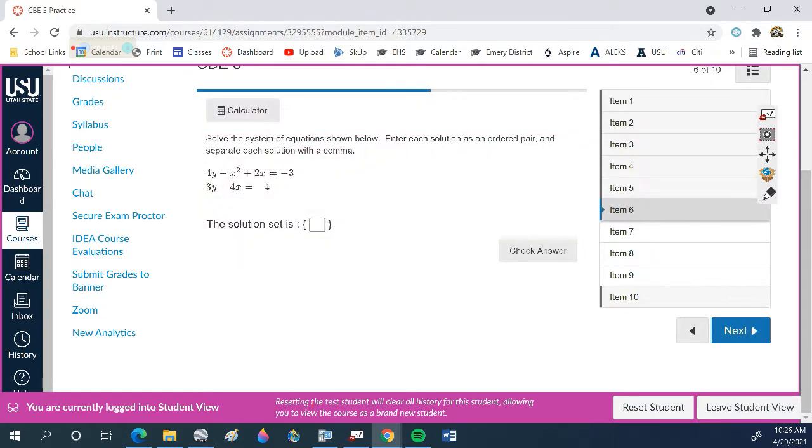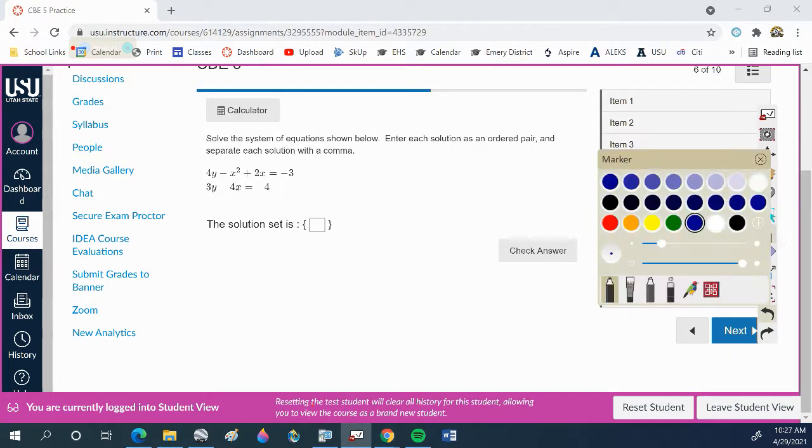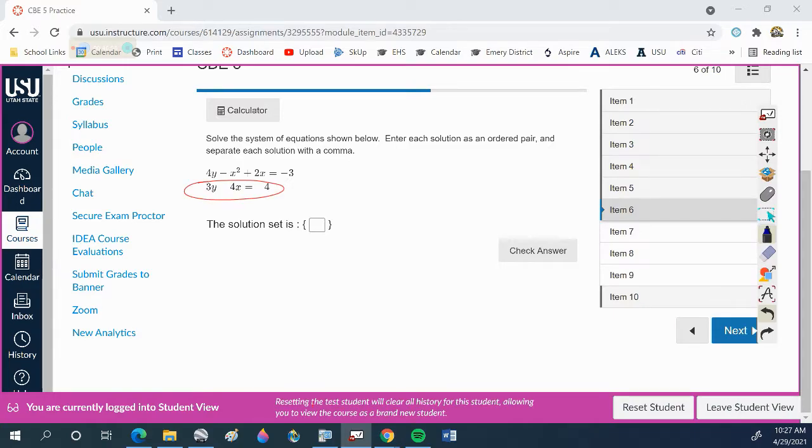Okay, number 6. This is something that was not covered in the book, but it is pretty common in 1050. And it is non-linear systems. So what type of equation is this? Y to the first minus x to the first. What structure is that graphically?